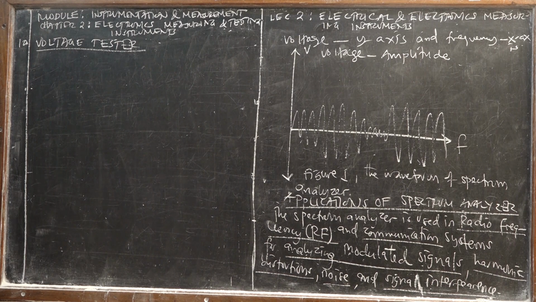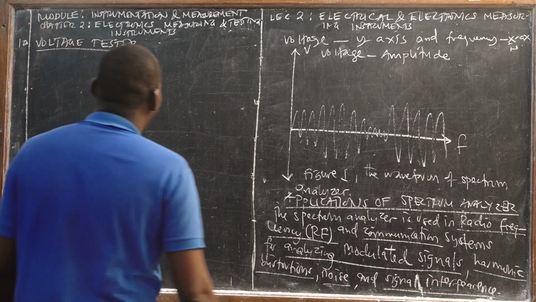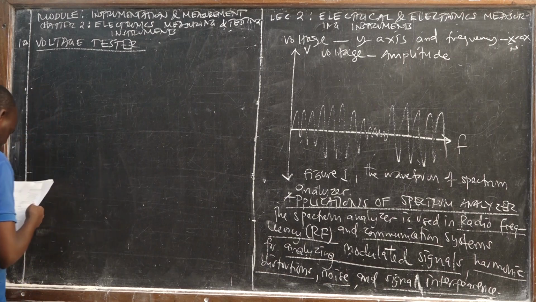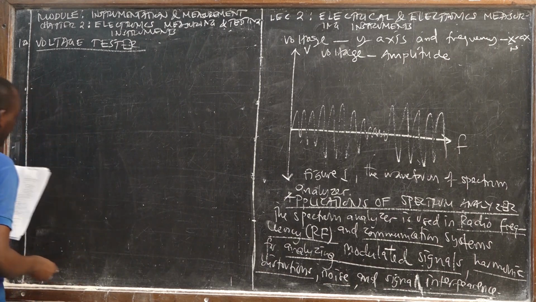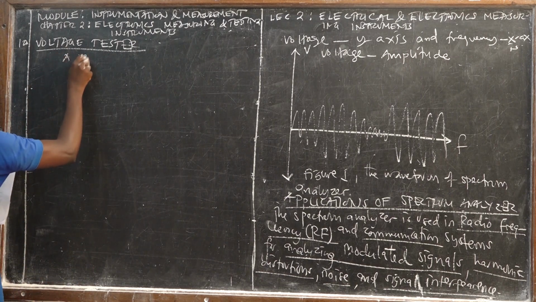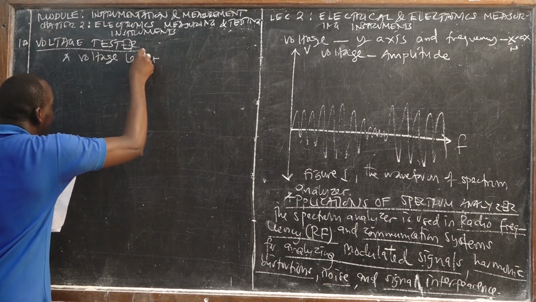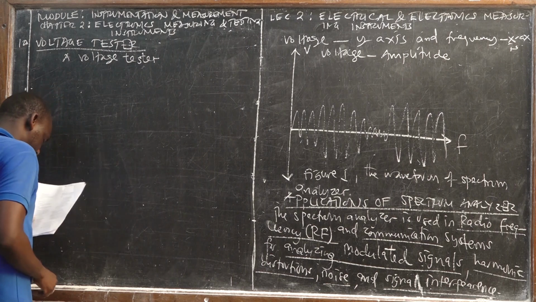Voltage tester is electric tester, the one that we use to test the presence of current. First of all, does the electric tester test the presence of current or the presence of voltage?